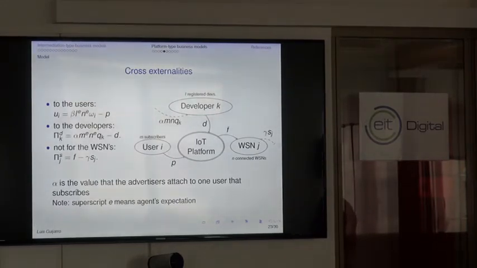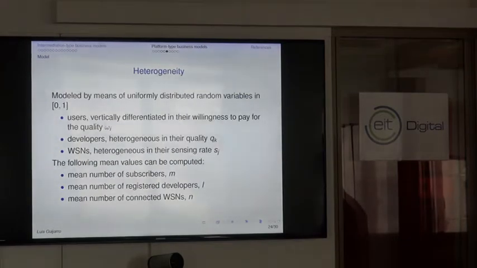And actually, this is just a model with one platform. So we have not made the analysis for different platforms competing one against the other yet, but we plan to do so.